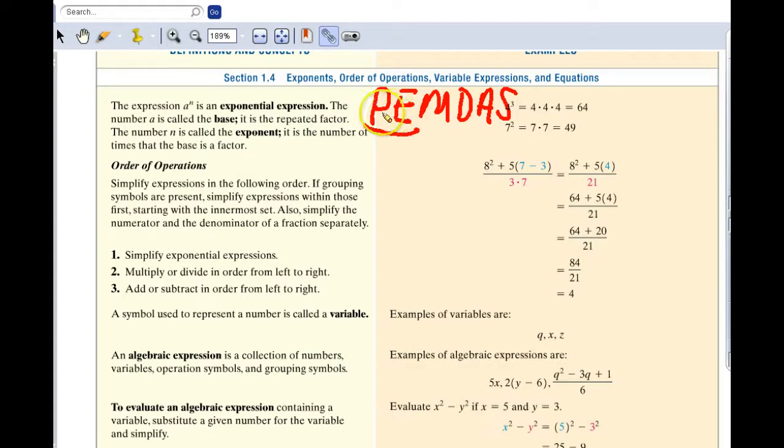From left to right, you would do those first. Then multiplication, division, whichever came first from left to right. If division came first, you would do that. If multiplication came first, you would do that. And the same thing with adding and subtracting. Okay, and they gave you various examples, and I'm sure you have tried numerous examples of this.